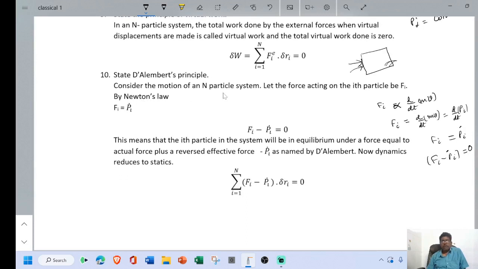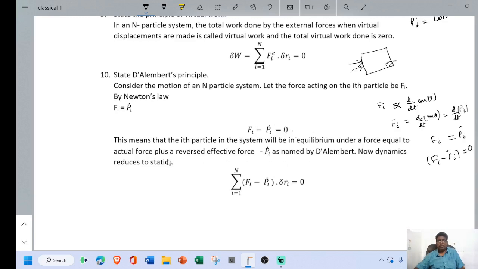Consider the motion of an n-particle system. Let the force acting on the ith particle be Fi. By Newton's law, Fi equals pi dot. We have proved this. Therefore, Fi minus pi dot is equal to 0. This means that the ith particle in the system will be in equilibrium under a force equal to the actual force plus the reversed effective force minus pi dot, as named by D'Alembert. This is Fi plus (minus pi dot) equals 0.